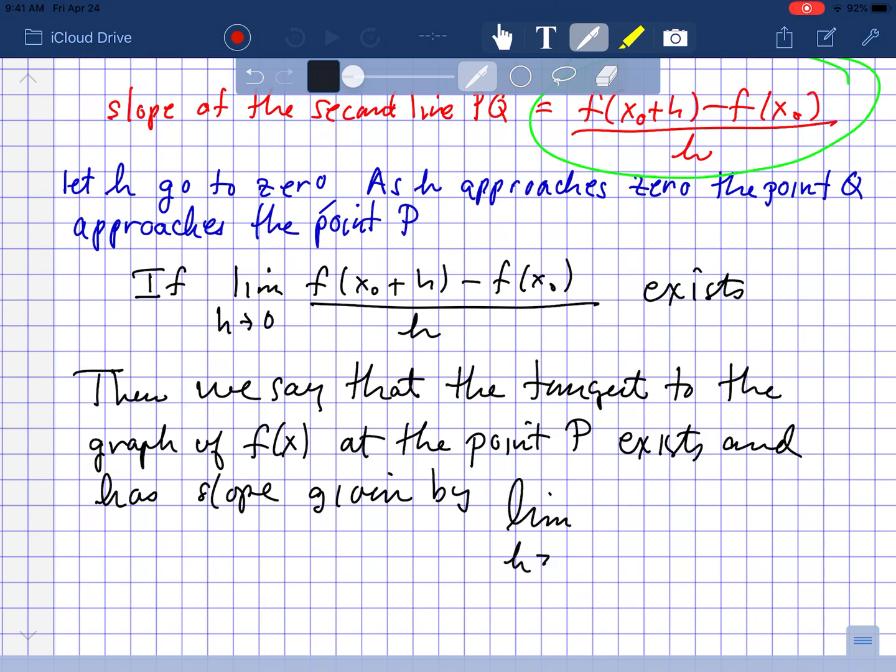The limit as h goes to 0 of f of x sub naught plus h minus f of x sub naught, all divided by h.